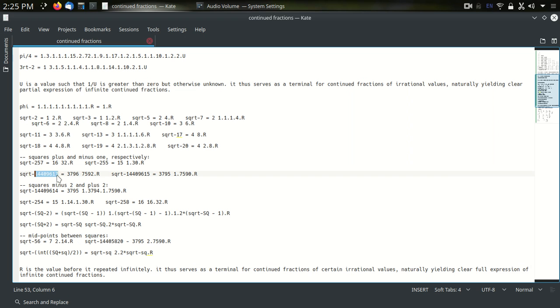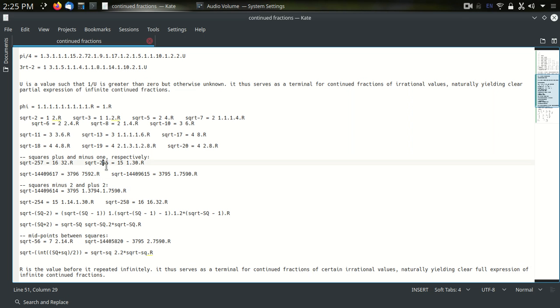So if we add 1 to that, we take the square root of the 16 thing, that's this, the 3796, double that, and then that's our repeating coefficient. Turns out that's correct. So this one, actually I tested it with this one first, and then I tested it again with this one just to make sure that I was doing the right thing, and they both turned out to be correct. So that is how that works.